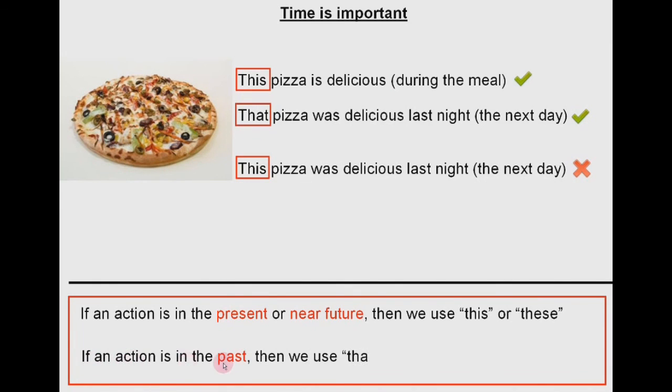But if an action is in the past, then we use that or those, like we have here. So of course, we use this if it is singular, and these if it is plural, and that if it is singular, and those if it is plural.